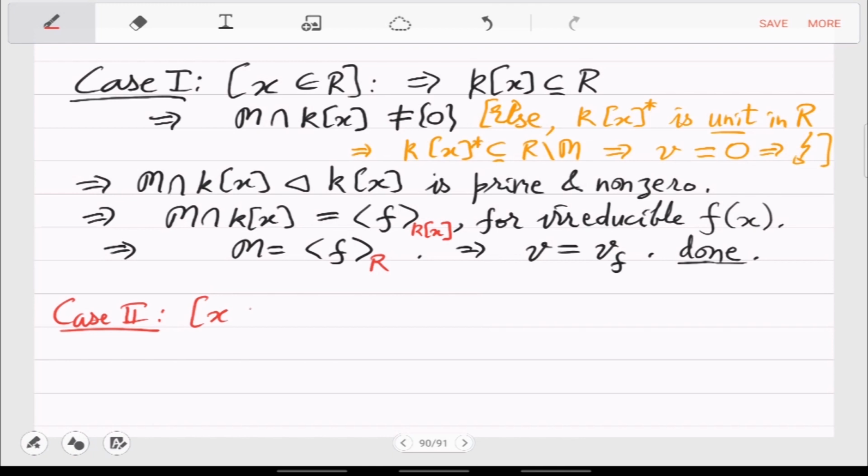So here X is not in R. We have again assumed that R is a DVR, right? So if X, the field element, is not in R, then its inverse will be in R. So you use the previous case.